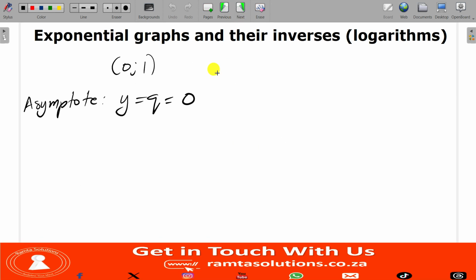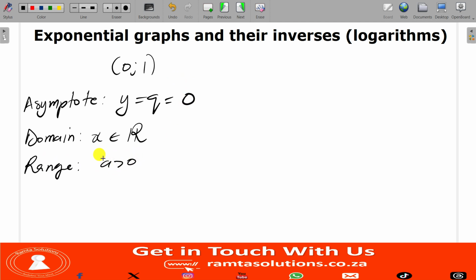Okay. Now coming here, we said the asymptote is y equals 0. For the domain, when they ask you what the domain is, it will always be x is an element of the real numbers. For the range, here a is positive and the value of q is 0.